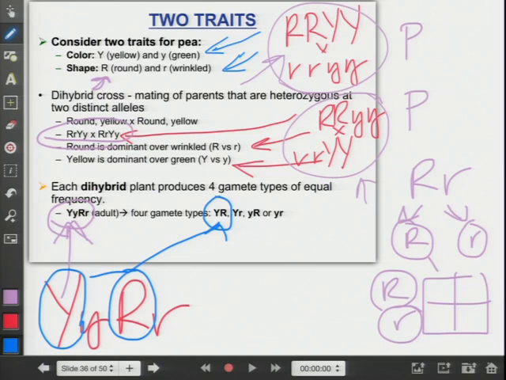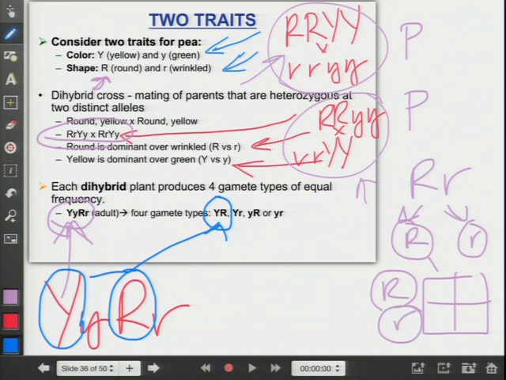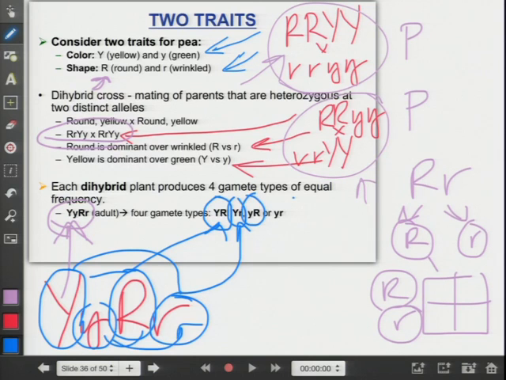One goes this way, one goes that way, or the other one can go this way. Or this Y could have been on the chromosome that gets stuck with that guy. So this one and this one could have gotten together in one of the gametes.